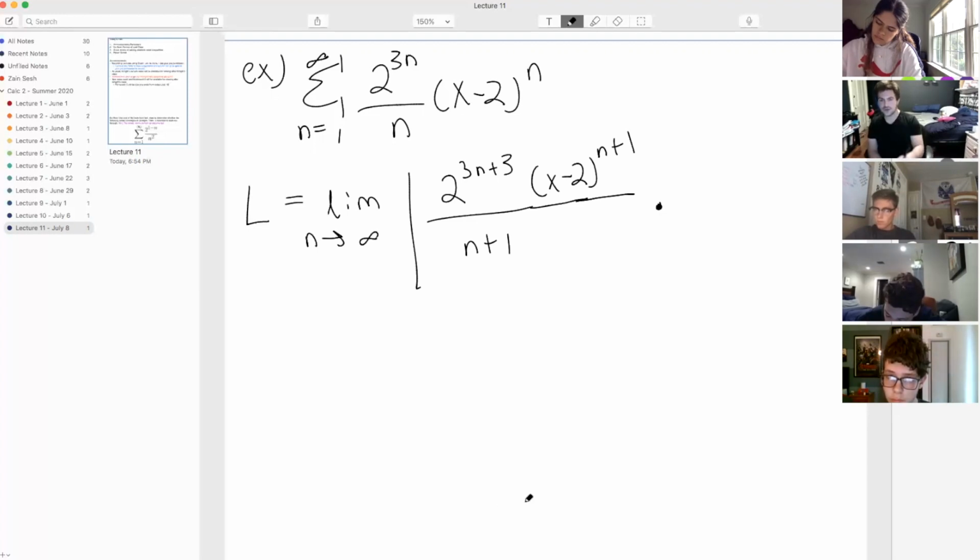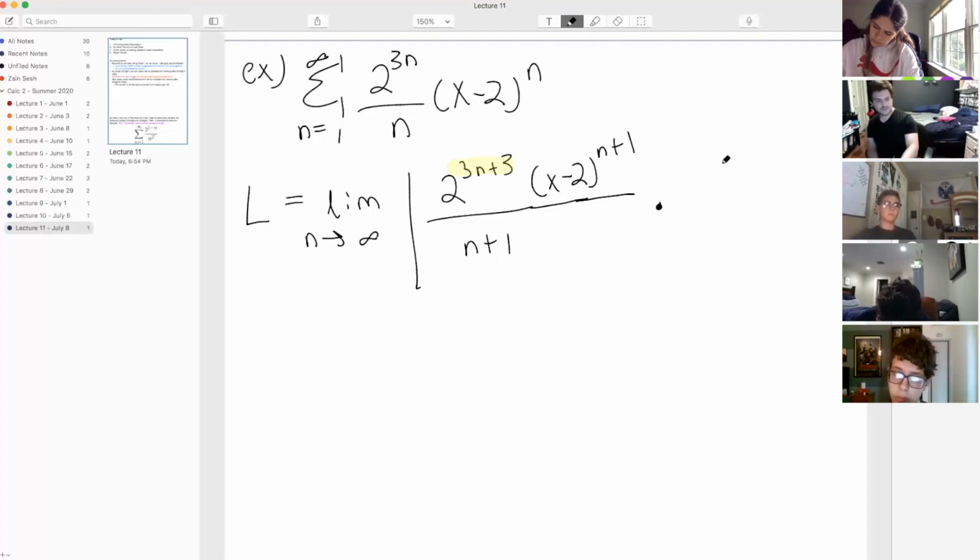That's the n plus 1th term. Is everyone okay with the exponent being 3n + 3? Now, I'm going to multiply by the reciprocal of the nth term since we're dividing fractions.